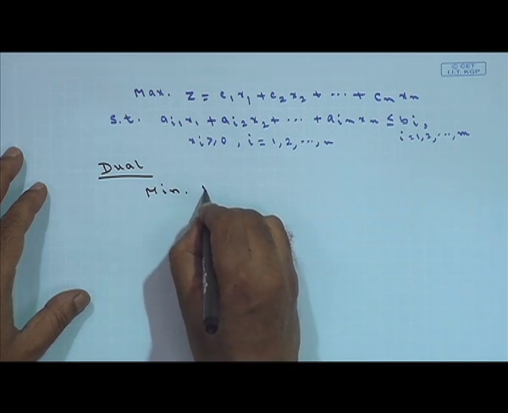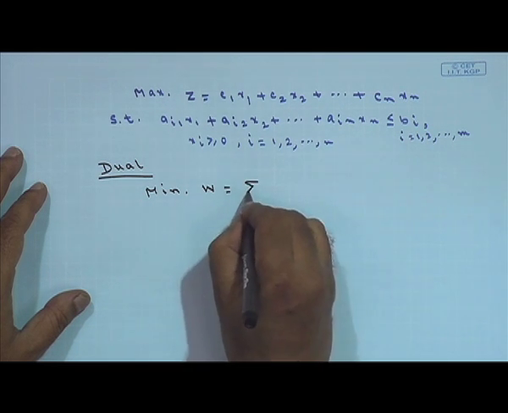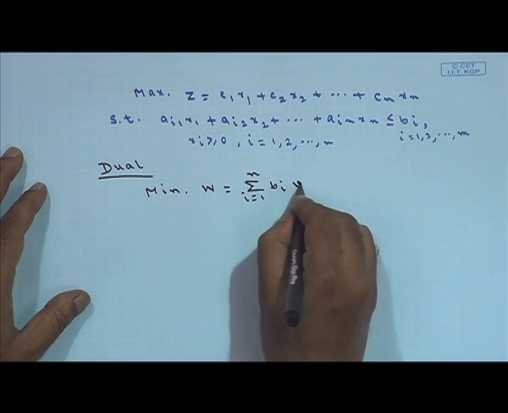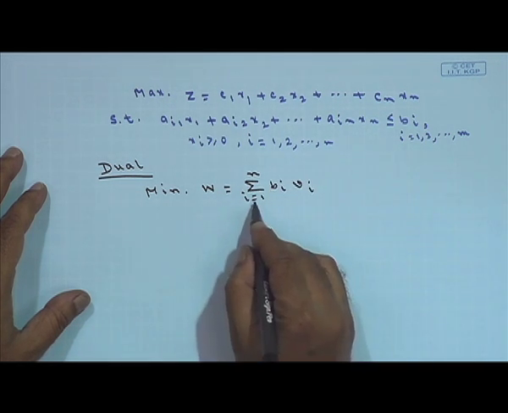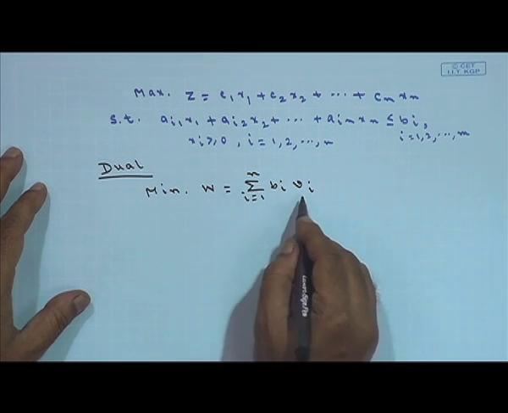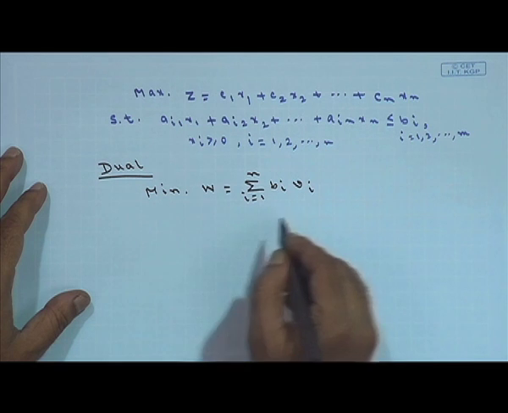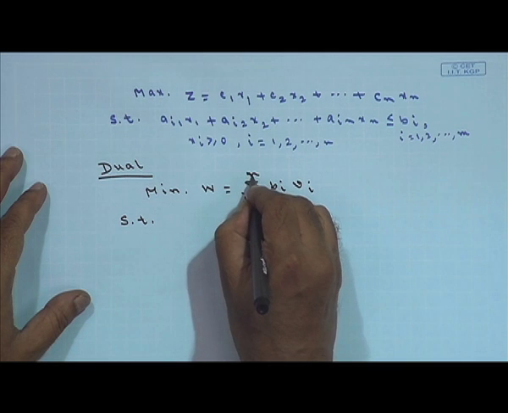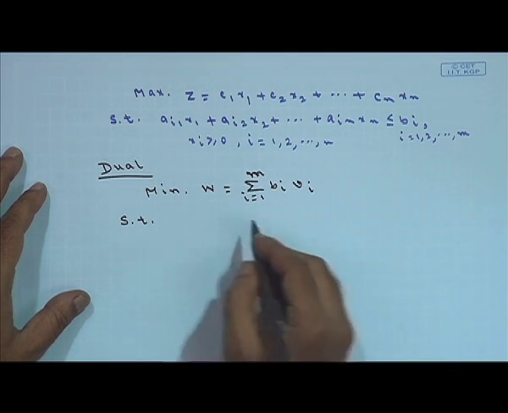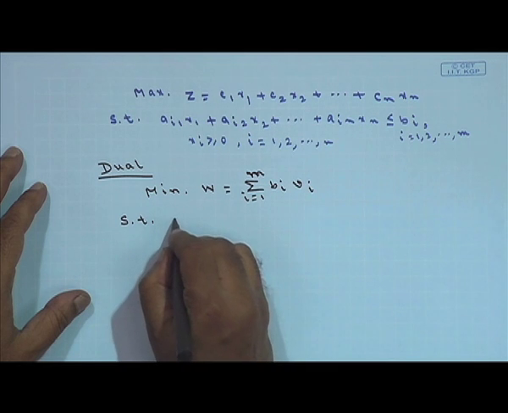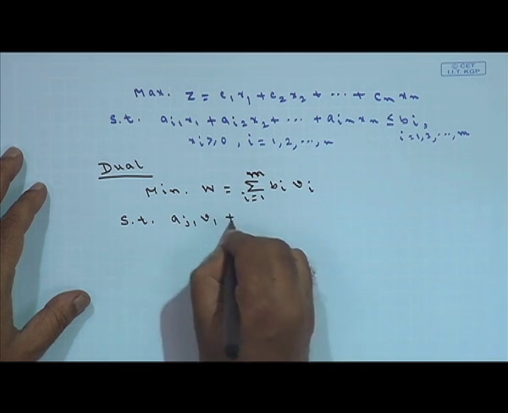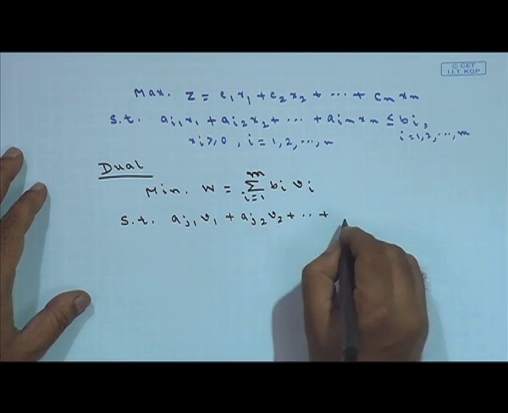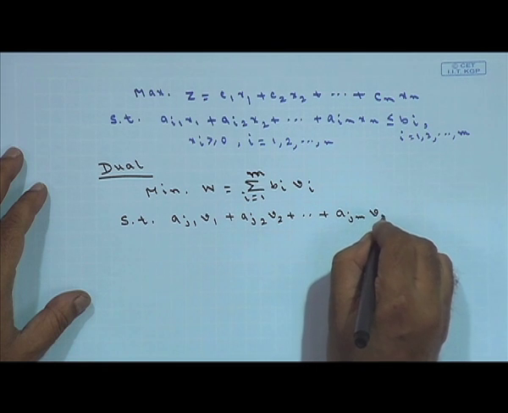The function will change: w equals summation i equals 1 to m of bi into vi, some new variable, subject to aj1 v1 plus aj2 v2 and so on up to ajm vm.